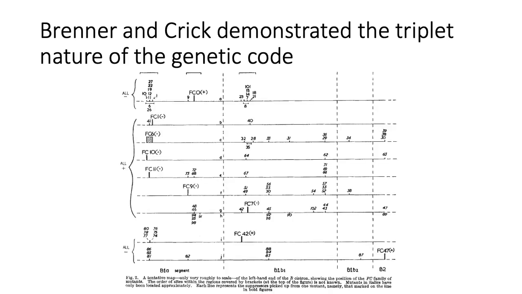So this is a figure from their paper, and I don't expect you to understand it because it's not an easily understood figure. But the take-home message was they found out that they could classify. They treated a bunch of bacteria with these dyes at different concentrations, and they found that if there was the addition or removal of a single base, then there was a massive change in the function of the protein.